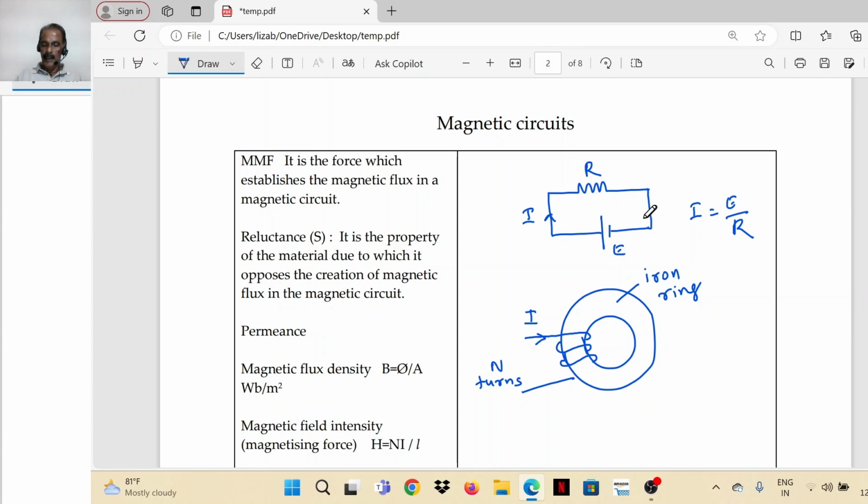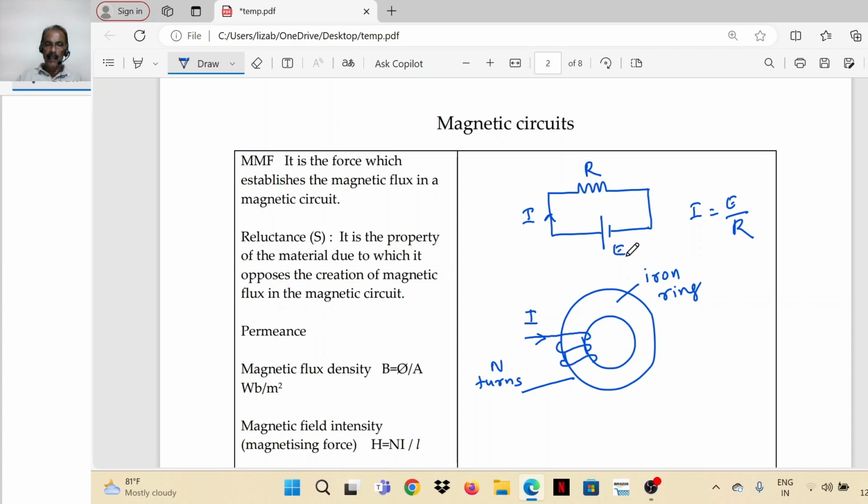So in the electric circuit, there is an electromotive force. There is a resistor in the circuit. So resistance is the property by which it opposes the flow of current through the circuit. And the current flowing through the circuit is given by E by R. Now when we consider the magnetic circuit, there are analogous quantities.